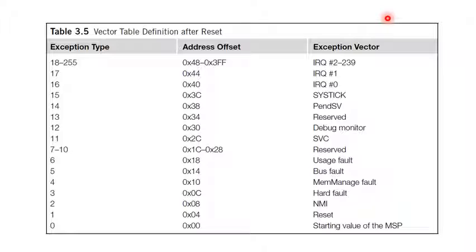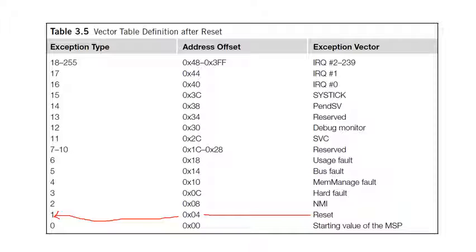So how should the processor come to know that you are asking it to reset? If I want to reset, then where does it correspond to? It corresponds to the offset address 0x04, and its exception type is 1, that is, the exception number is 1.